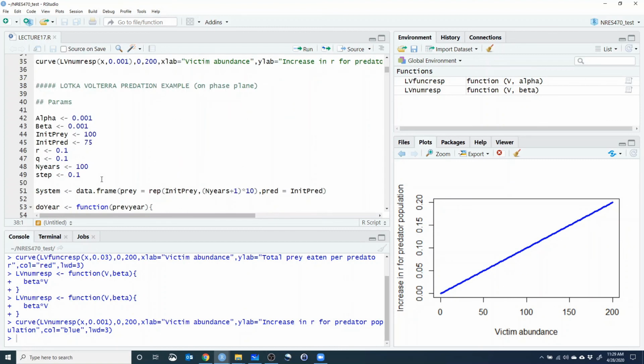So first, let's build a model. Let's build the Lotka-Volterra model, but this time in R and not Insight Maker. So we're going to set the parameters. Oftentimes, the first thing we do is parameterize.